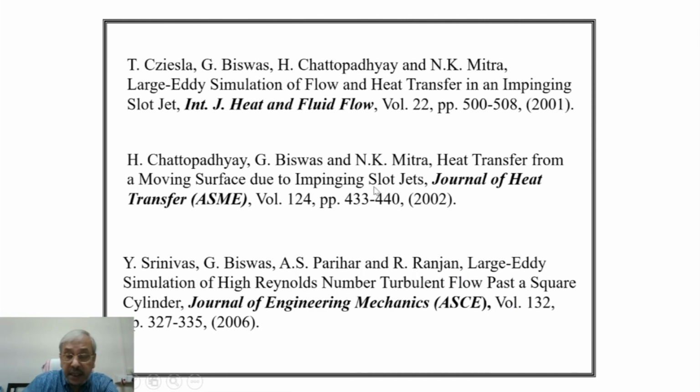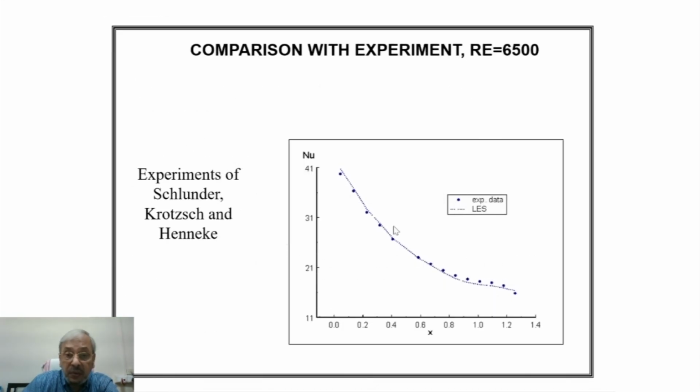Now, in the second investigation, this is on a slot jet. Again, the slot jet is being used for cooling a heated plate, and the dotted lines are earliest calculation based Nusselt number plot.